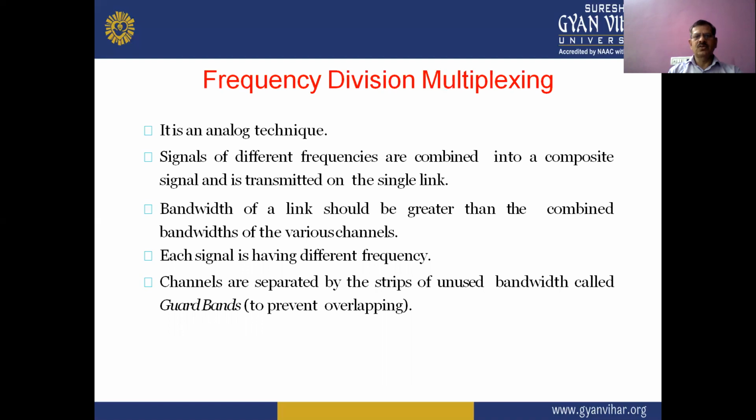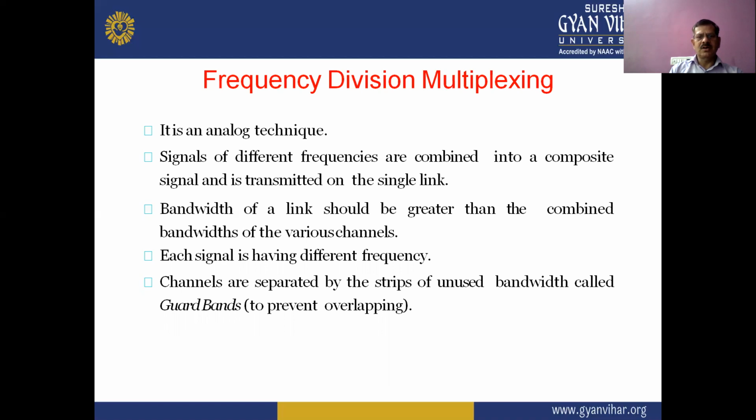The bandwidth of a link should be greater than the combined bandwidth of the various channels, and each signal has a different frequency in FDM systems. Channels are separated by strips of unused bandwidth called guard bands to prevent overlapping.